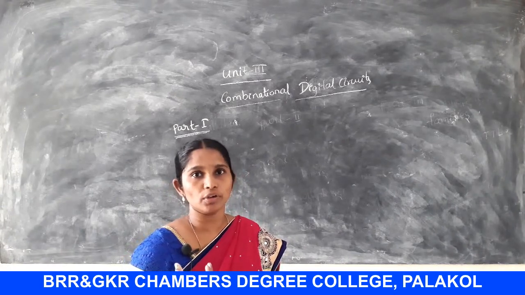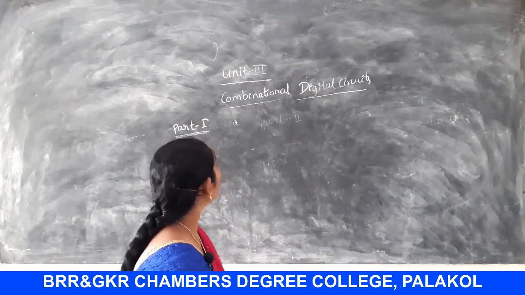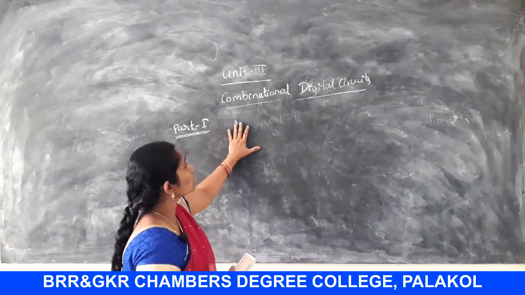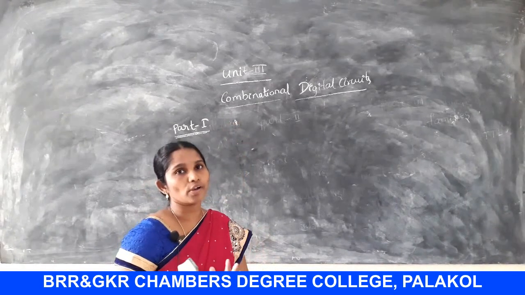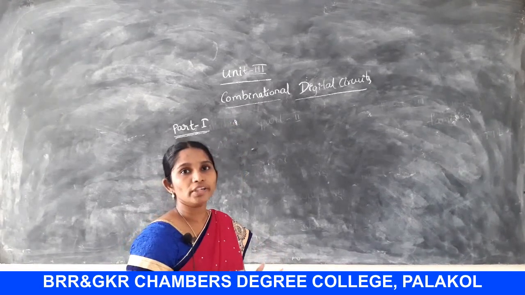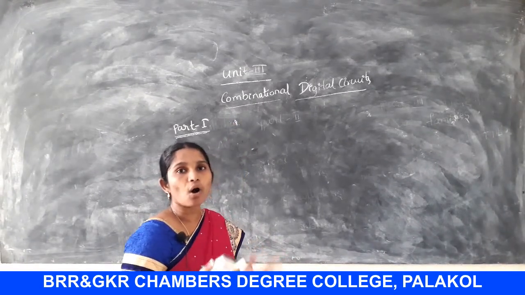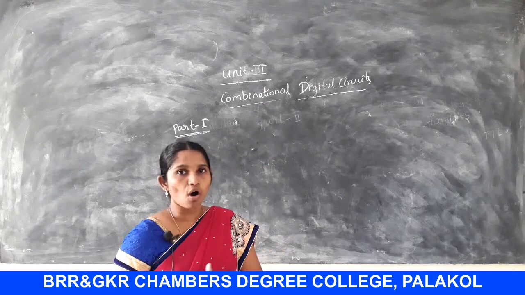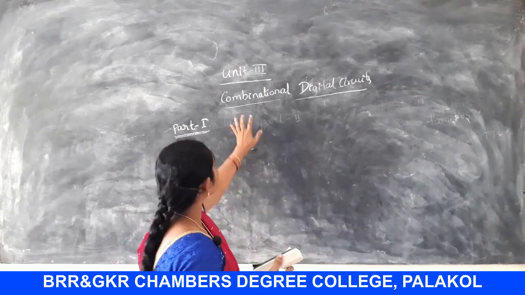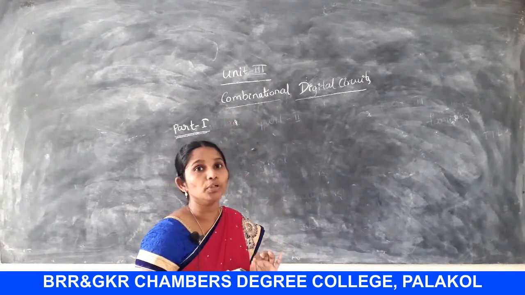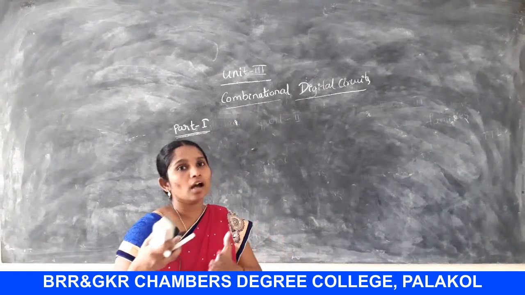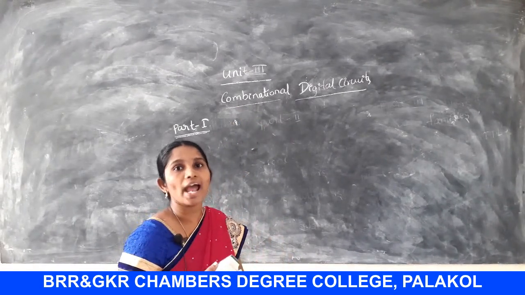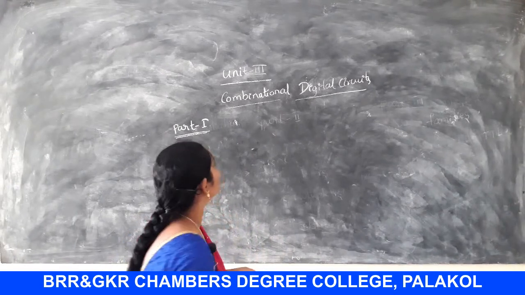A combinational circuit is nothing but a combination of logic gates. What are the logic gates we have? AND, OR, NOT, those are all logic gates. So the combinational circuit is the combination of all these logic gates. That is called a combinational circuit.